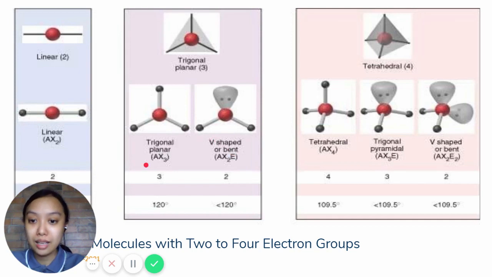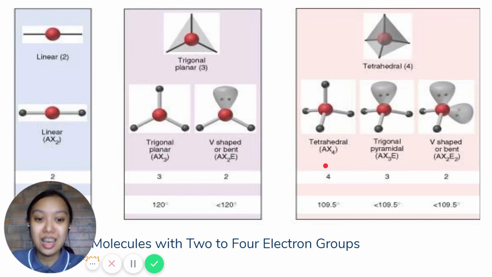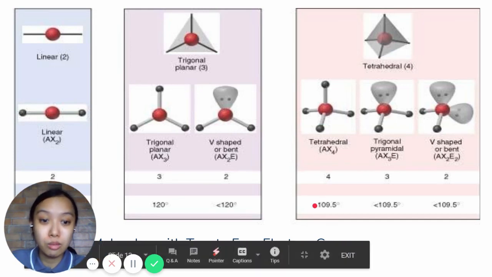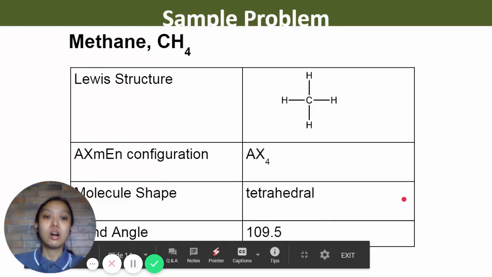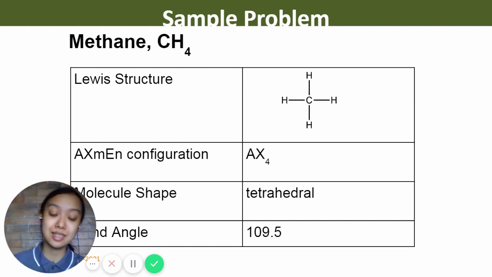And if we go back, AX4 is associated with being tetrahedral, and the angles will always be 109.5 between each other. What's important here is that you need to be able to determine the AXE configuration. Upon determining it, you can have an idea of what the molecular shape is.